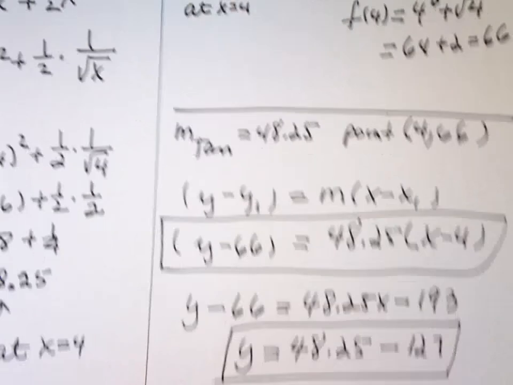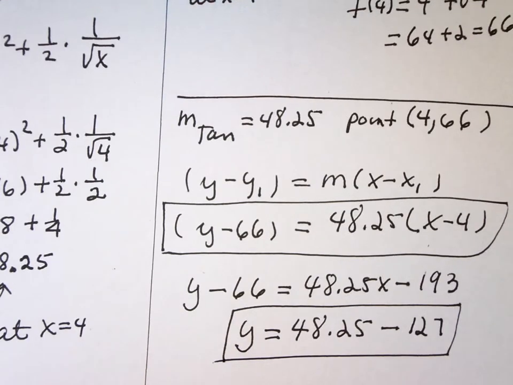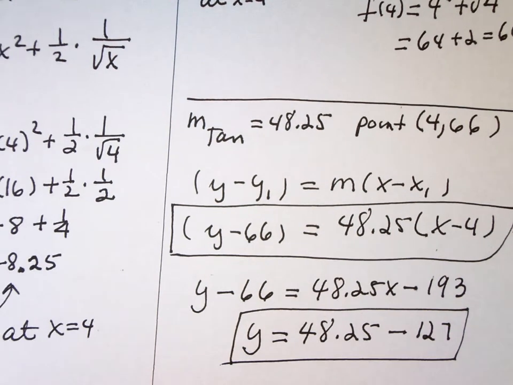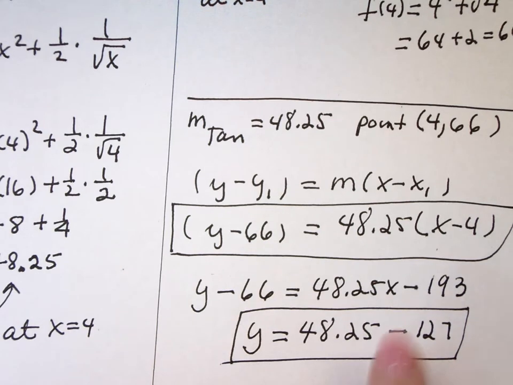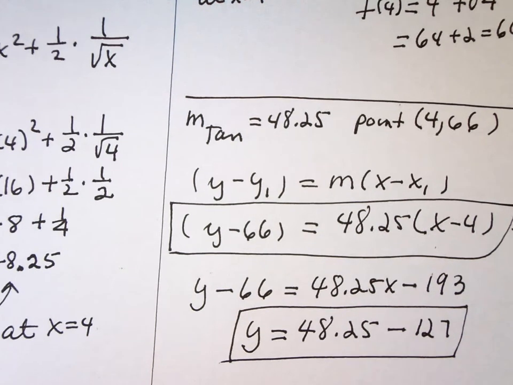Now that's in slope-intercept form. Now I don't know about you. If all I had to do is find an equation for the tangent line, I'd stop here. Unless you use a different method to find the equation of the line. You can use the slope-intercept method. If you do that, you'll end up here. Doesn't matter either way.